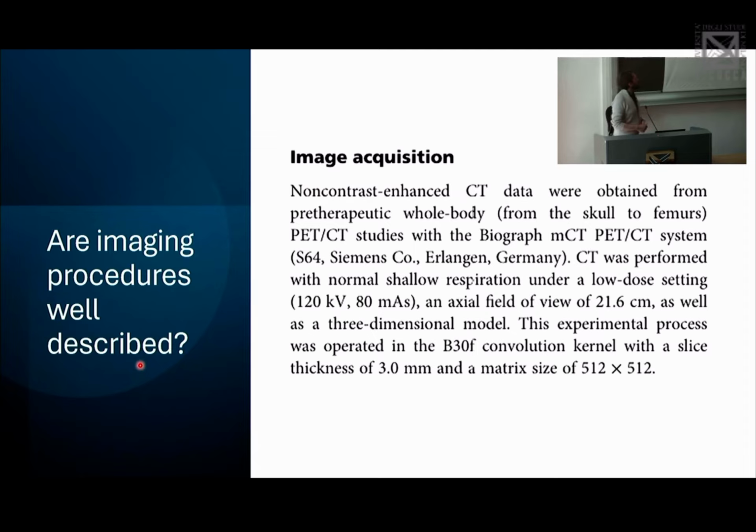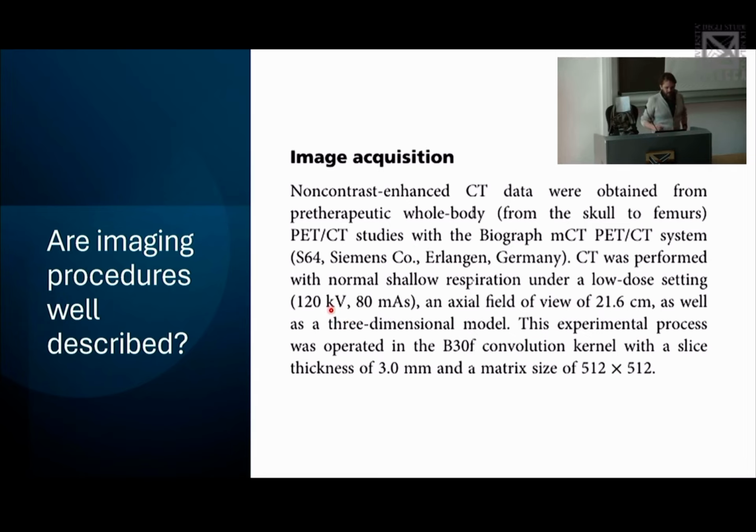The next question was about the imaging procedures, and here it's everything they say about this. It is just very few lines, but it's everything one actually needs to know. One can see a limit might be the fact that this is a single center retrospective study, so maybe the generalizability to other kinds of imaging or other protocols, because this is a very precise protocol, especially with low-dose CT.